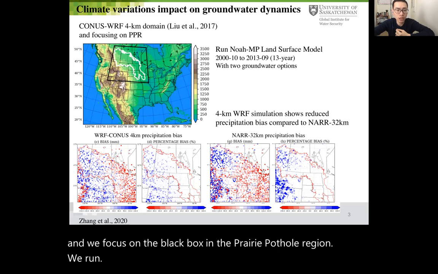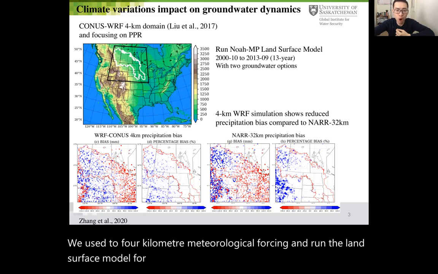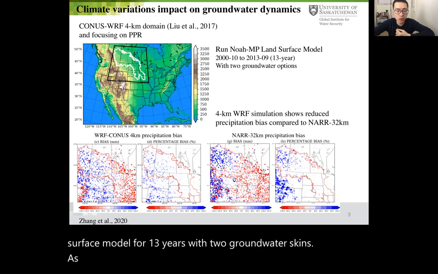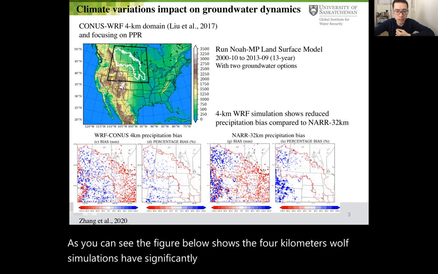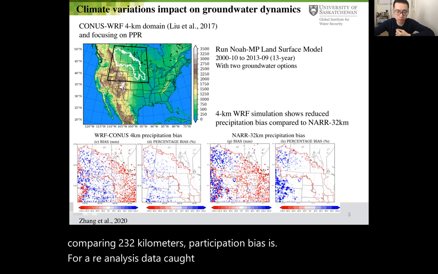We use the 4 kilometer meteorological forcing and run the land surface model for 13 years with 2 groundwater schemes. As you can see, the figure below shows the 4 kilometer simulations have significantly reduced precipitation biases compared to the 32 kilometer precipitation biases of a reanalysis data called NLDAS in the same region.